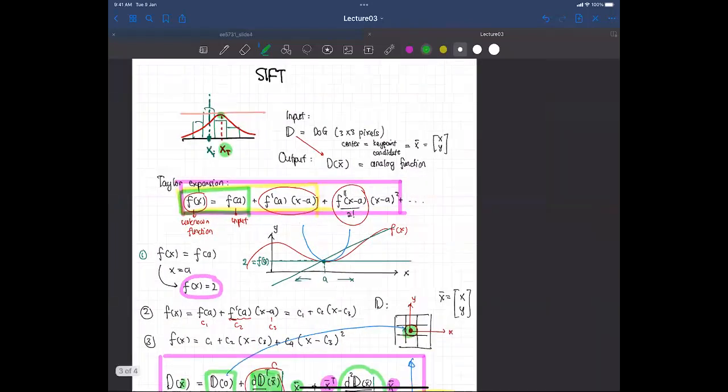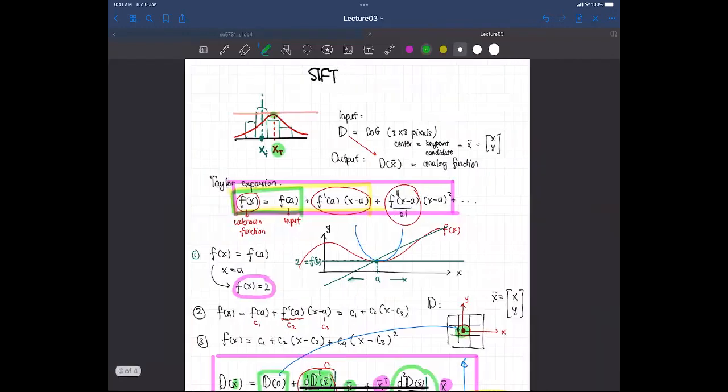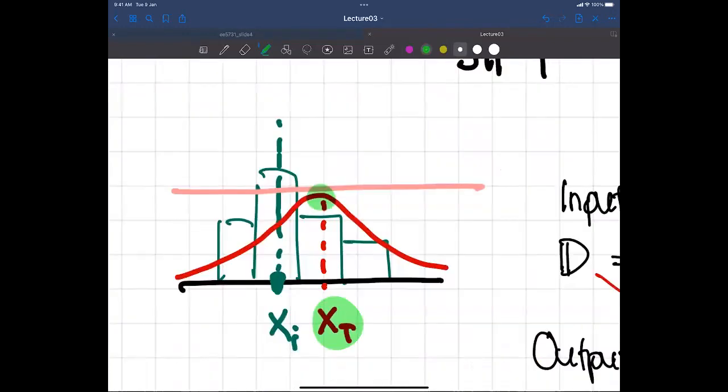Why? Because if you want to find the peak, a quadratic will be sufficient. So as long as it's square, that one is also good enough.